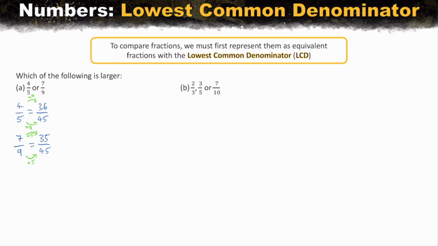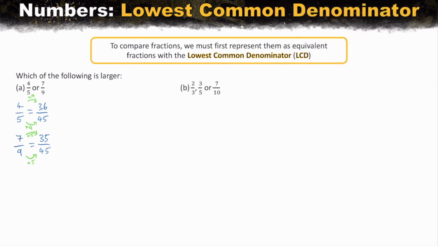And now we have our two numbers with an equivalent denominator that we can now fairly equate, to see which one is larger than the other. In this case, we've got 36/45 versus 35/45. Now 36 is greater than 35, so we can conclude that 4/5 is actually larger than 7/9.